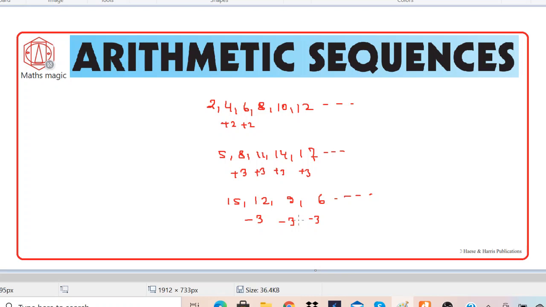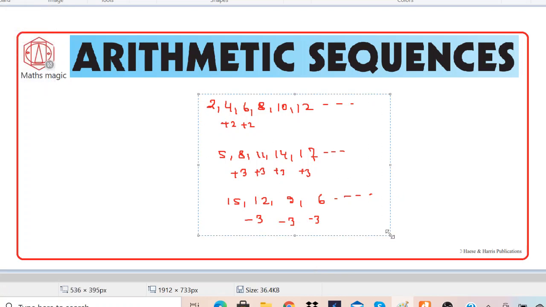So any pattern with constant change, like if it is increasing by a certain constant number or decreasing by a certain constant number, then we can call it an arithmetic sequence.